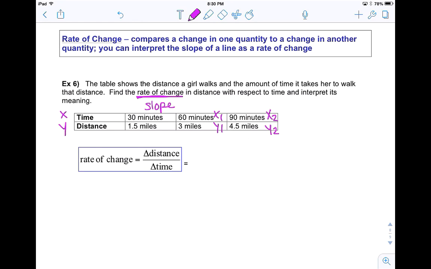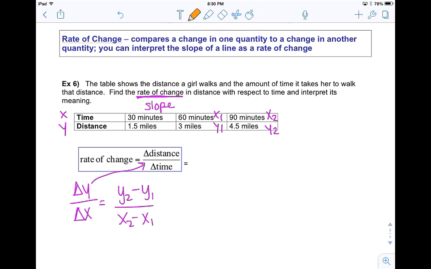Okay. Now, we said our slope is change in y over change in x. So we use that formula y2 minus y1 over x2 minus x1. So if we put that in terms of what's actually happening in our problem, so time and distance, that change in y over change in x is the same thing as change in distance divided by the change in time.